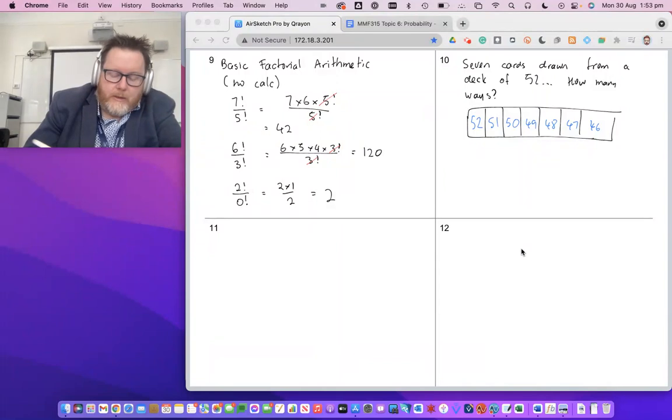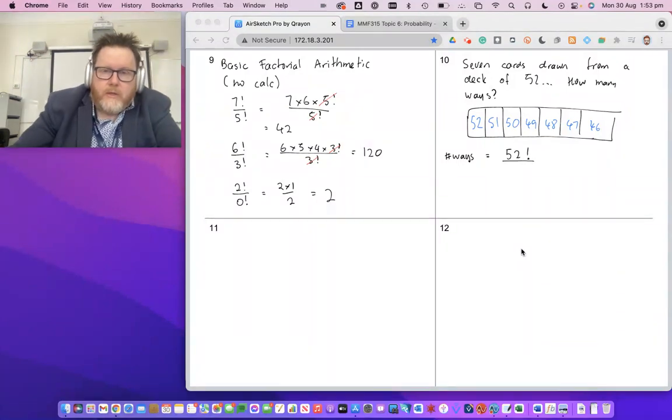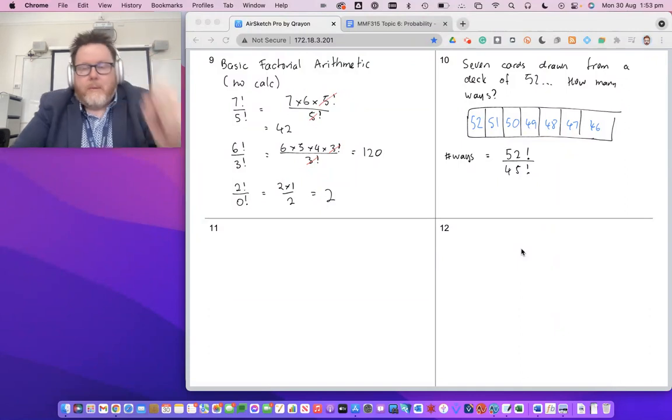But the solution is a little bit easier. So the number of ways would be 52 factorial. That's everything. And then I'm going to divide it by, well, the bits that I don't need, which would be 45 onwards, right? So I would go 45 factorial underneath, and that'll give me what I'm left with, which is 52 times 51 down to 46.